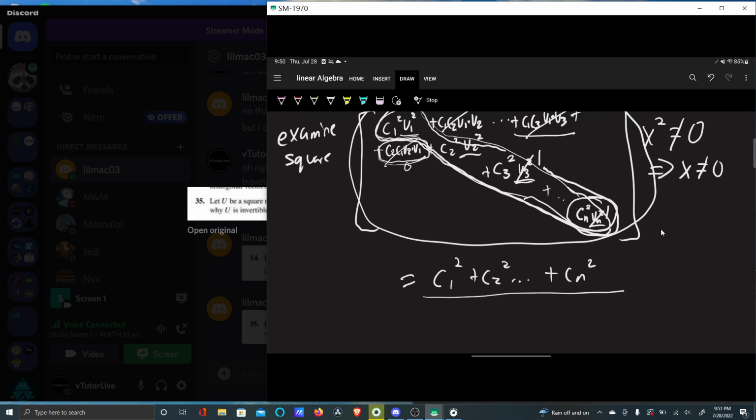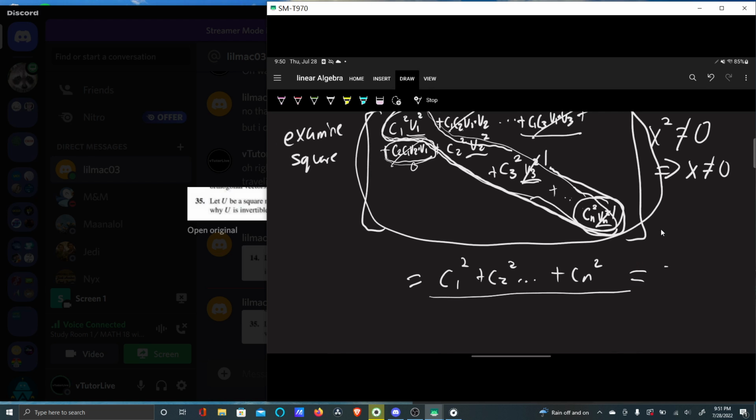And then this is equal to 0 if and only if all of them are equal to 0. The only way for this thing to be equal to 0 is when every single Ci is equal to 0.